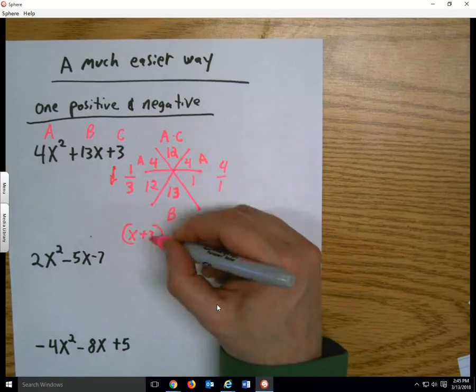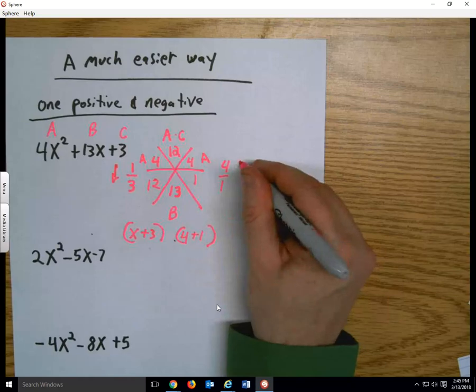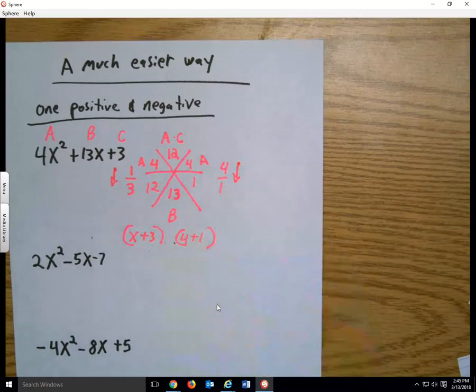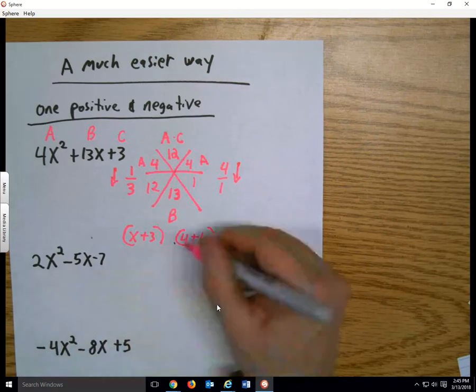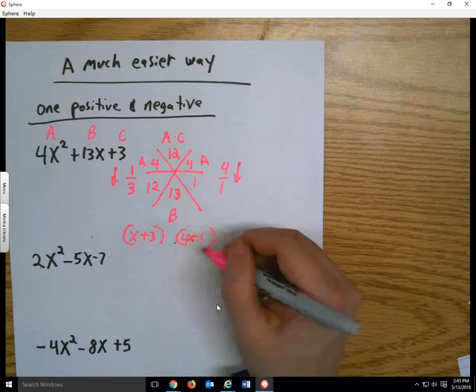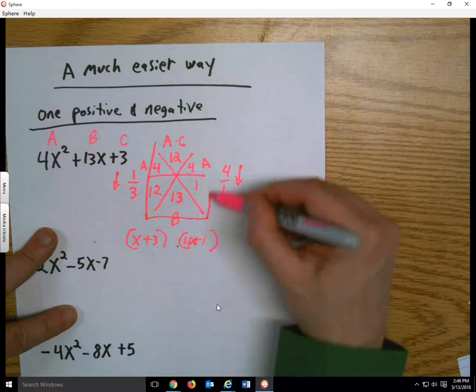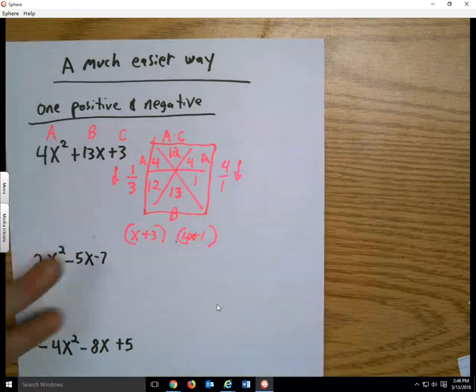That's my 1x plus 3, and then I started at the top here, the 4x plus 1. That's the answer to that question. Okay, we did it last class. I don't know if you remember. We did all these steps, and it took us a real long time to get the answer. Here it's very fast, and what I like about it is it's really all on this little box. When I say self-contained, you can do it all in a little box.